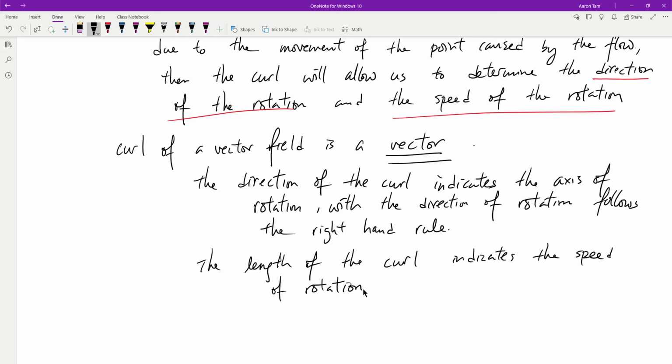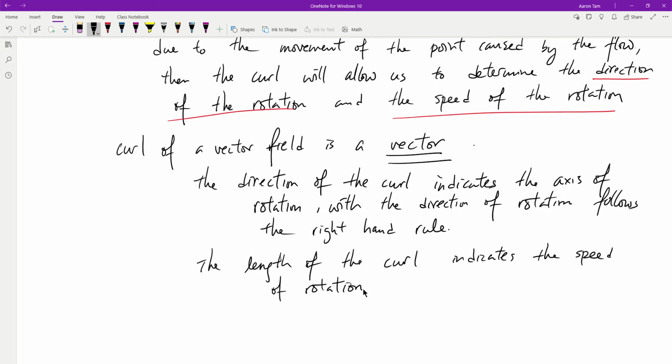And because the magnitude is always a positive value, it doesn't indicate the direction of the rotation, because that is dictated by both the direction of the curl, which indicates the axis of rotation, and also the right-hand rule, which indicates which way the curl would rotate.